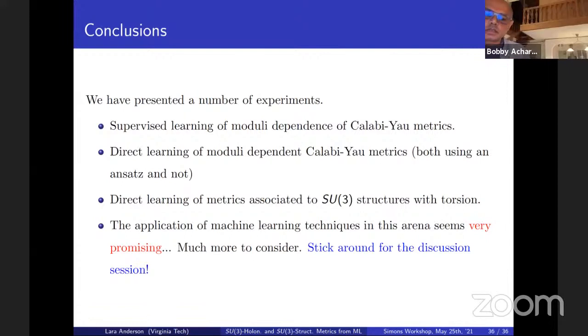I'm just thinking that maybe this is more appropriate for the discussion session anyway, but this might be a way to make contact with analytic gluing techniques and constructions, like twisted connected sums, or even standard gluing constructions. Let me give an example: the Kummer construction of hyperkähler metrics on resolutions of T4 mod Z2.